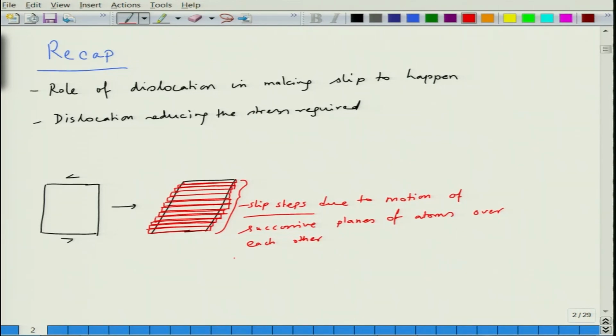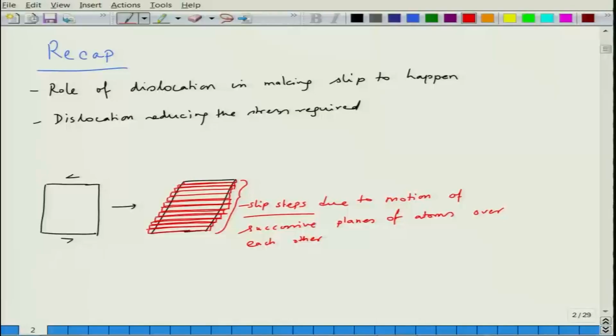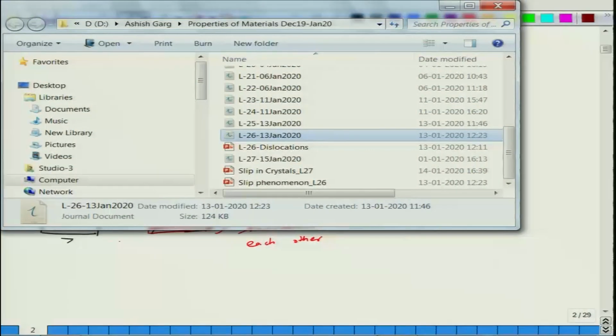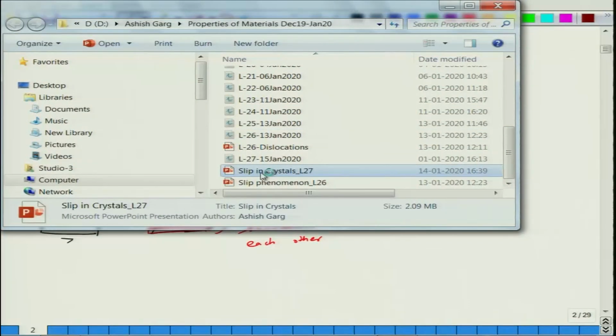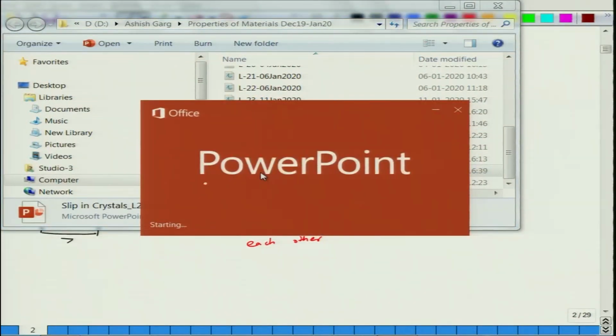When the dislocation moves from one part to another, it causes the formation of a step on one side, and when you look at it microscopically, you tend to form many steps. So in order to visualize this, let me show you a PowerPoint presentation which can help you understand what this slip looks like microscopically in real crystals.